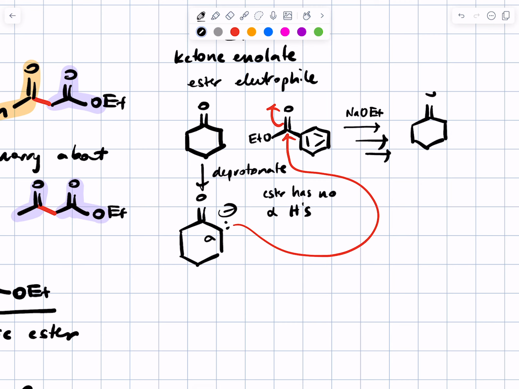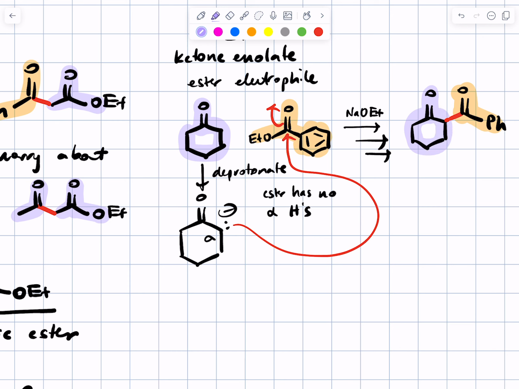The product here has us make this bond between the alpha carbon of the enolate and what used to be the carbonyl carbon of the ester. So I'll highlight in orange the portion of the molecule that used to be the ester, and in purple I'll highlight the portion of the molecule that was our enolate.